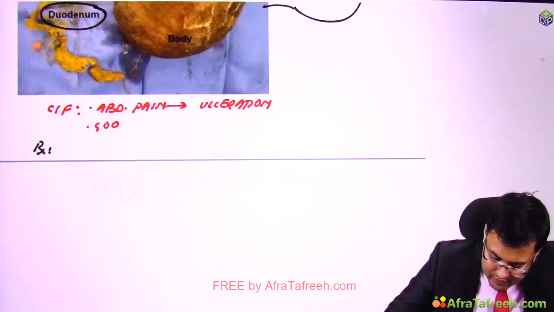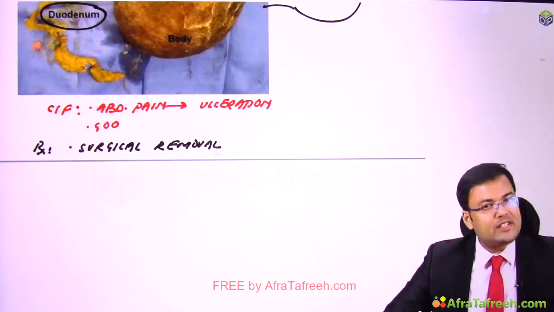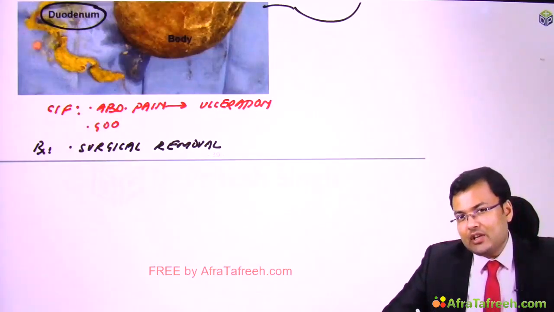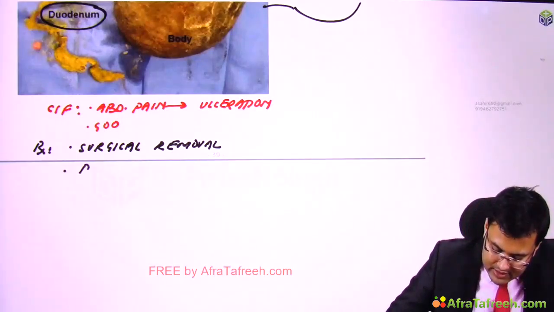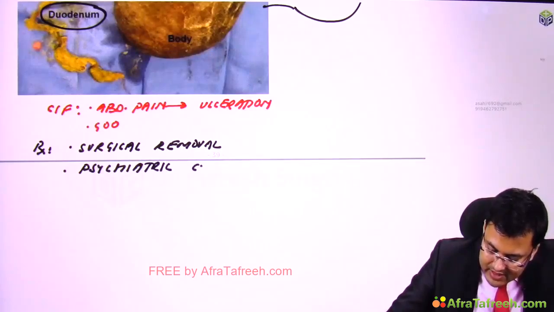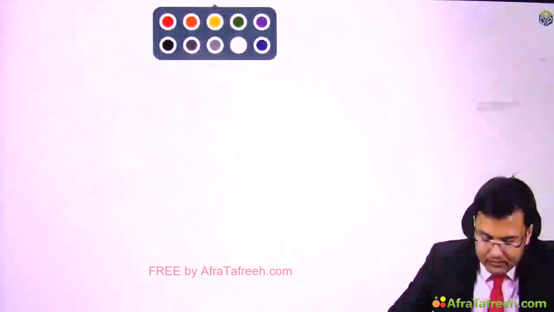So we have to go for surgical removal. And second, since most of the patients are having psychiatric disorder, trichophagy, we have to provide psychiatric care. So this is how we manage the trichobezoar.